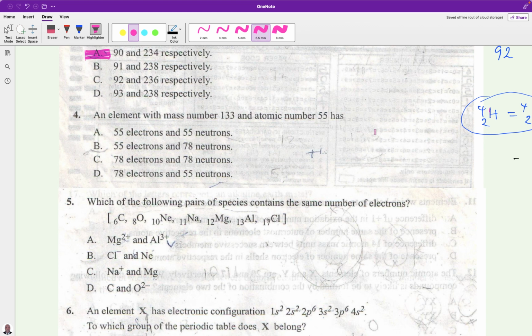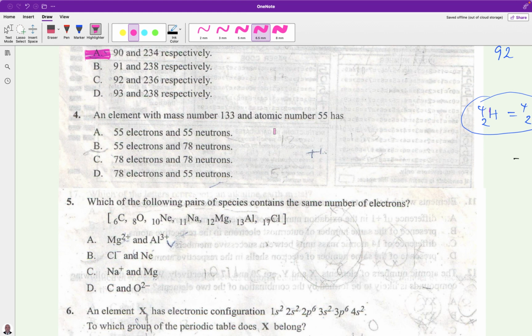Remember, for the purpose of revision, I told you last time that the proton number is equal to the atomic number, which is also equal to the number of electrons.